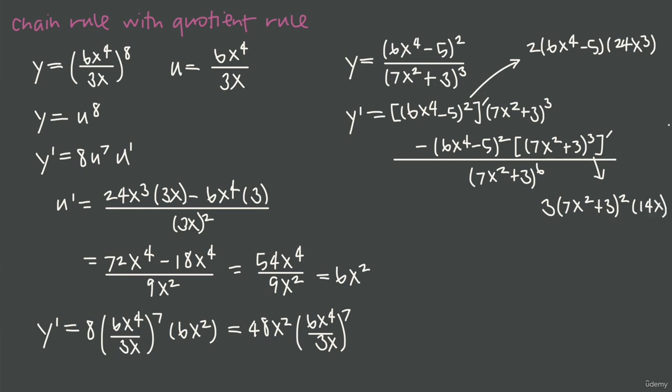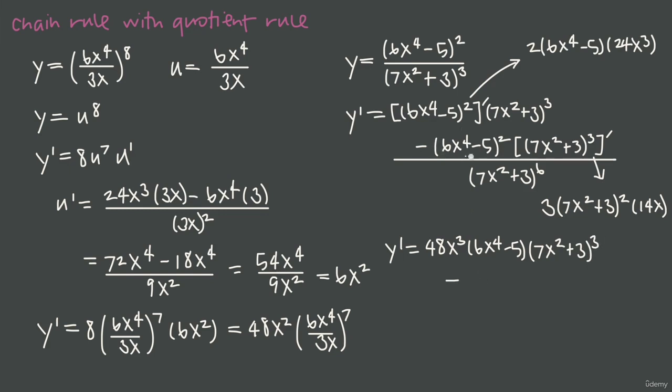Now we have all the information we need, and we can say that the derivative, y prime, is equal to, we have the derivative of everything here inside the brackets, that's this value right here. 2 times 24 is 48, so we end up with 48x^3 multiplied by (6x^4 - 5). Then we multiply that by (7x^2 + 3)^3. Then, still in the numerator here, we subtract.